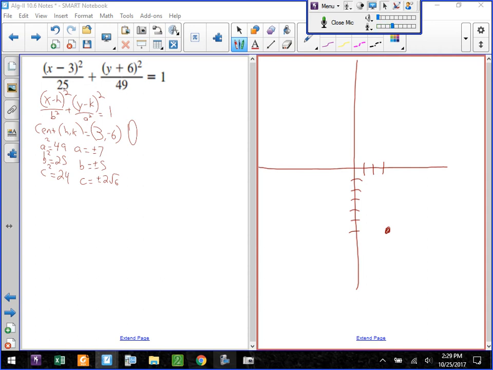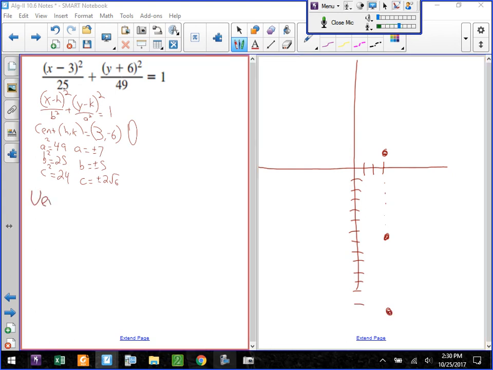So I write them out. I add and subtract 7 to the -6 to get the 1 and the -13.